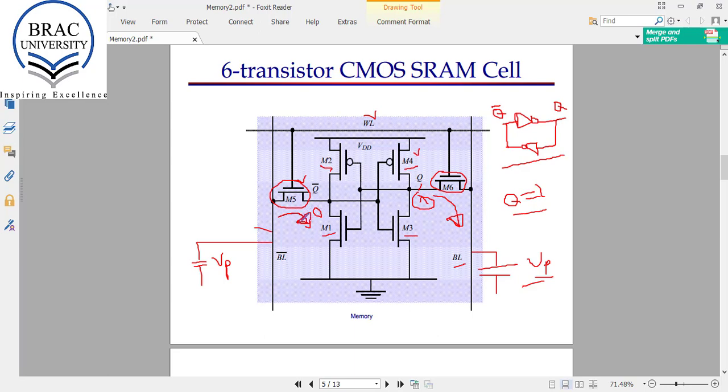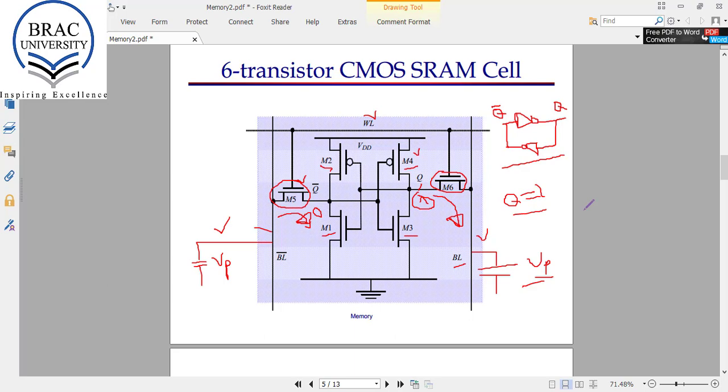So when we turn on M5 and M6, the voltage at BL will try to increase, and the voltage at BL bar will try to decrease. From this differential change in BL and BL bar, there is a circuit component called a sense amplifier that will decide the value 1 is stored in this cell, and that will go to the data bus. So this is how we can read a value from this 6 transistor static RAM cell.